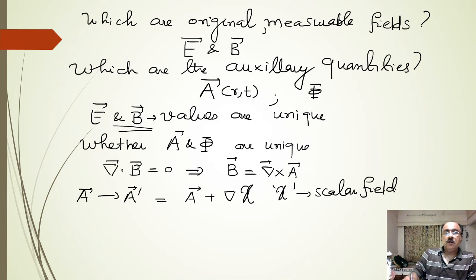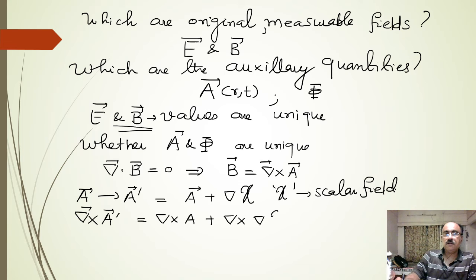Now if I take the curl of A dash, curl of A dash is curl of A plus curl of gradient of chi. Now curl of gradient of the scalar field chi is 0. So again we get curl of A, which is the original B field.